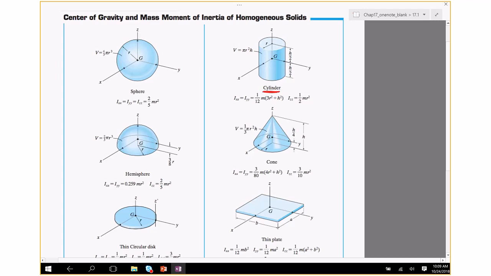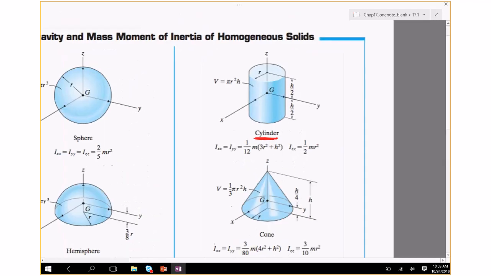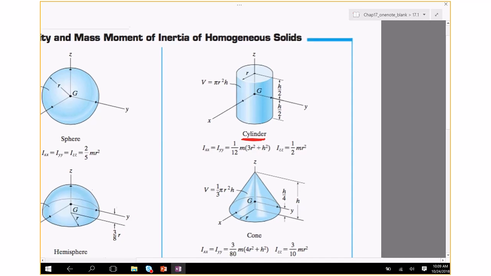A cylinder, or any object in 3 dimensions, has 3 axes, x, y, and z, as shown. This table gives inertia about all 3 axes, Izz, Iyy, Ixx, which means that if that object, the cylinder, rotates about the vertical axis this way, then usually we use this inertia.